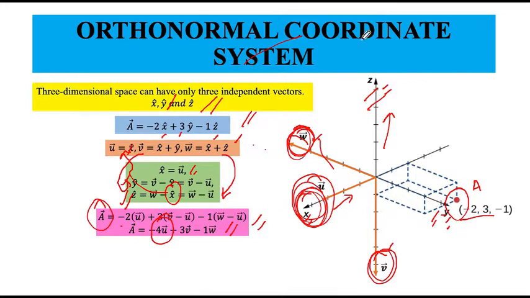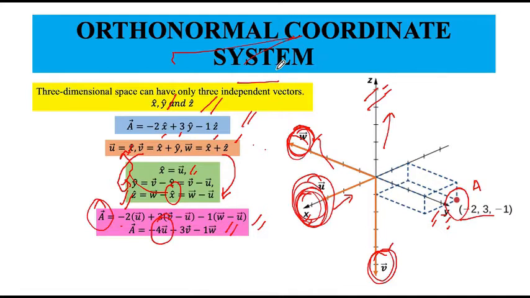This is why people have come up with simpler, useful coordinate systems which do not confuse us. These coordinate systems are called orthonormal coordinate systems.